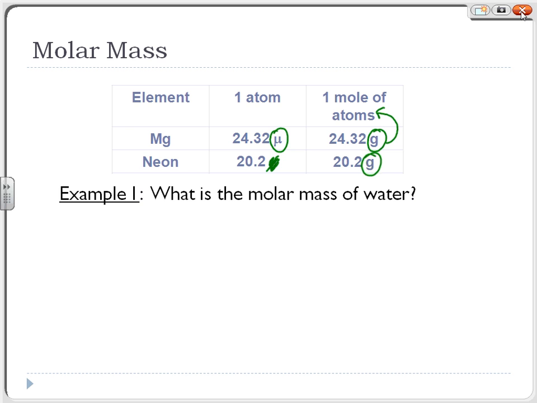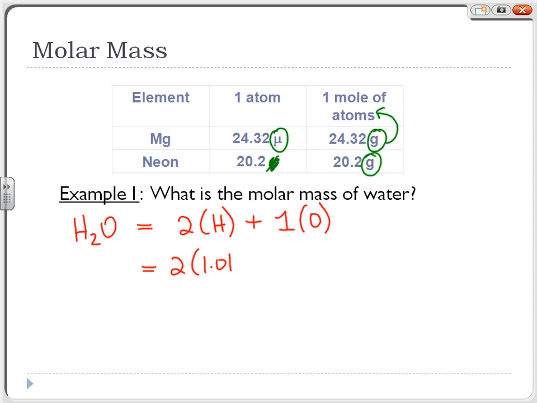Example 1, here's an example where it gets a little bit more complicated. What is the molar mass of water? So now we have water. It's a compound, H2O. So to do this, I have to add up all the elements in that compound. So here, I know that 1 molecule of water is made up of 2 hydrogens and 1 oxygen. So I have to actually add those up. So that means I have to take 2 times 1.01 grams per mole, straight off the periodic table.